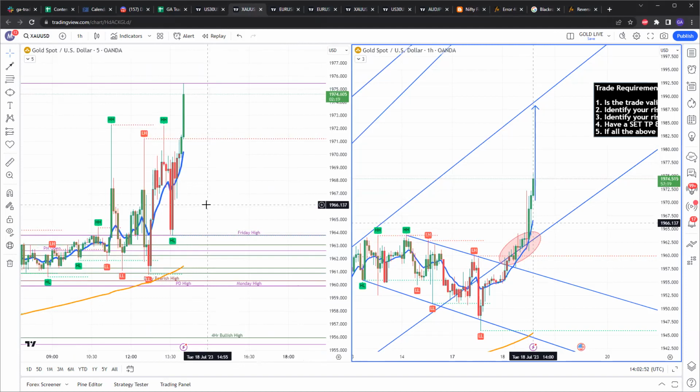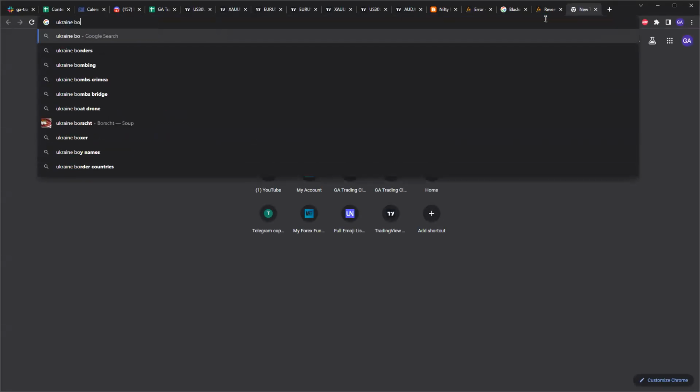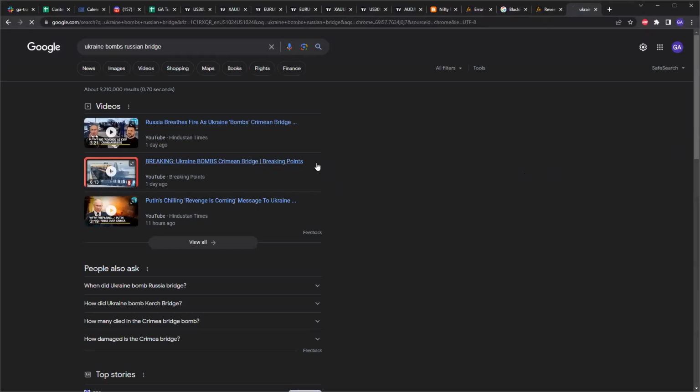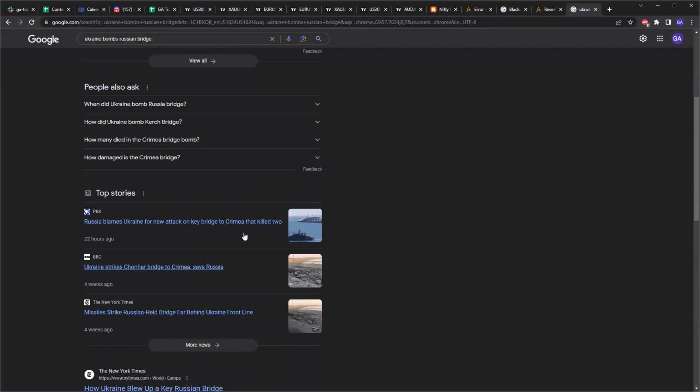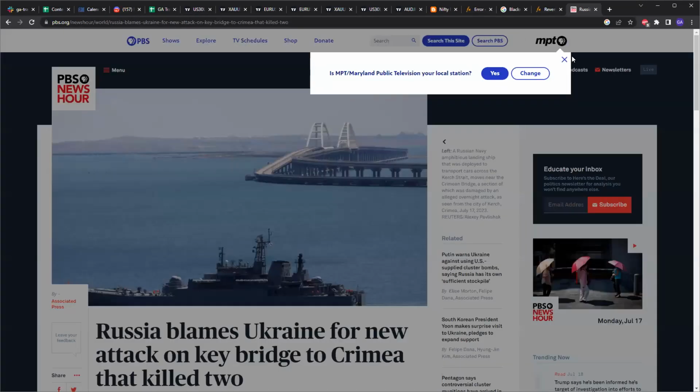But thinking about it right now, if you guys have been watching the news, you might have seen that Ukraine bombed one of Russia's key bridges, so this one right here.